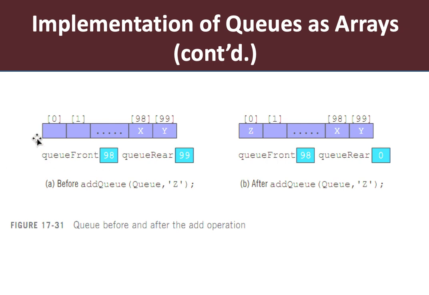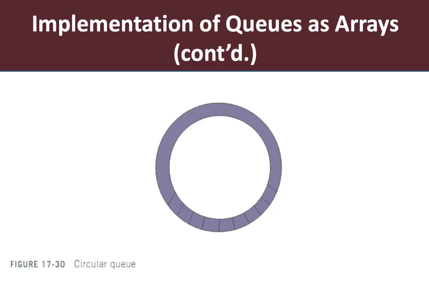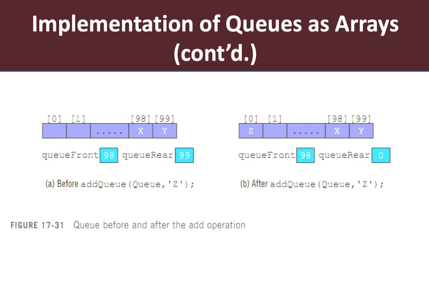We will still draw the figures of the array holding the queue elements as before, but we consider them to be circular. That's just for simplicity. Now, suppose we have the queues as shown in these two figures.